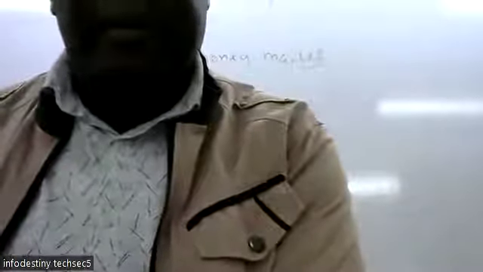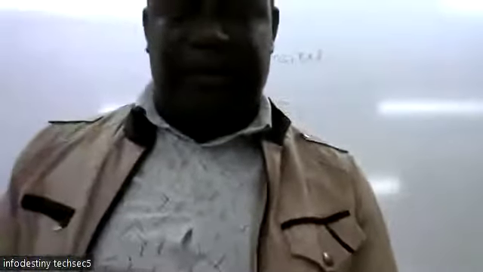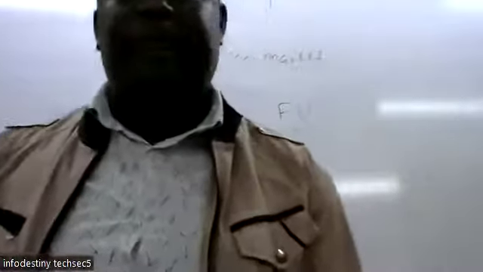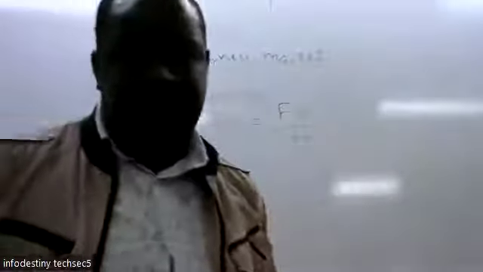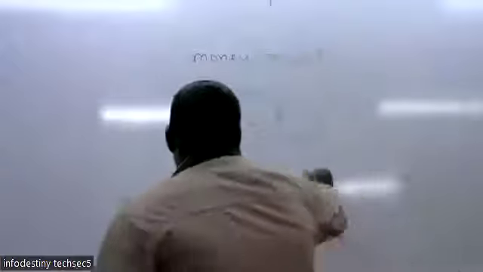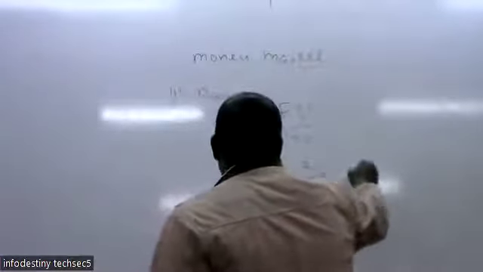It is 9%. So at an interest rate of 9% per annum, therefore, it will be 3 over 12 multiplied by 9.